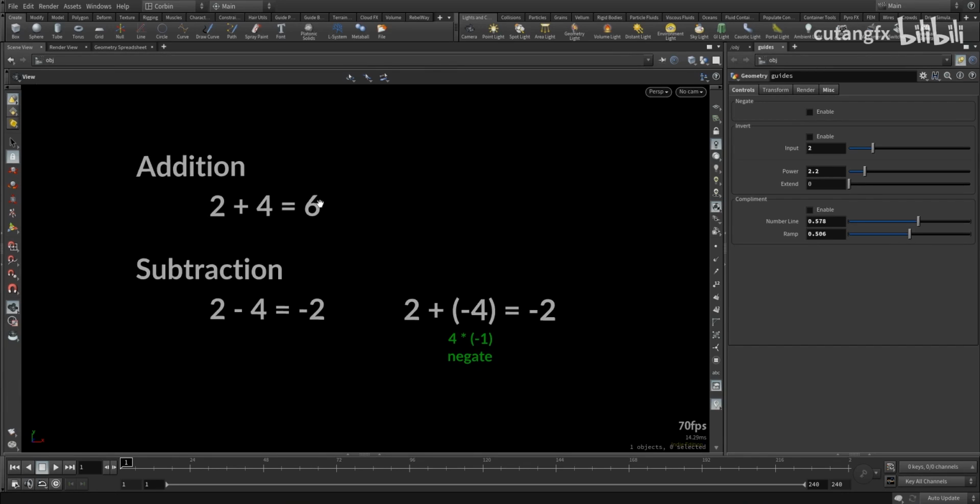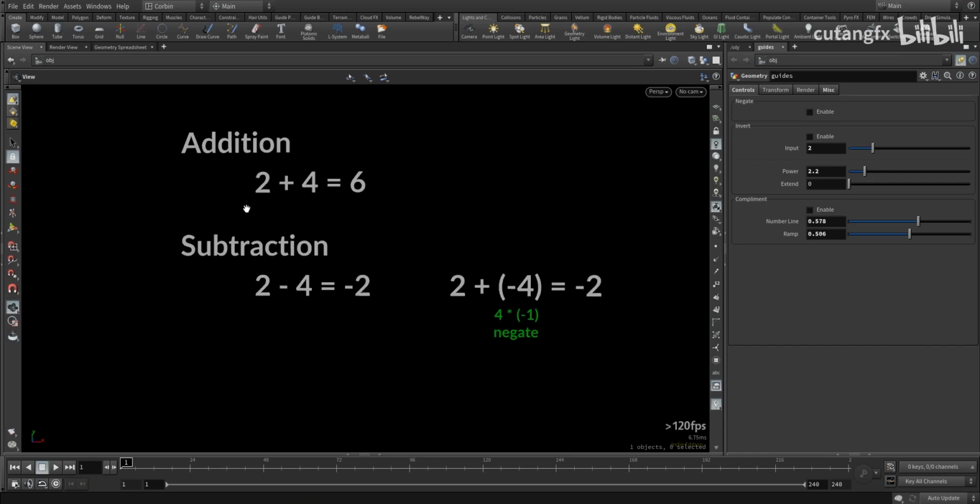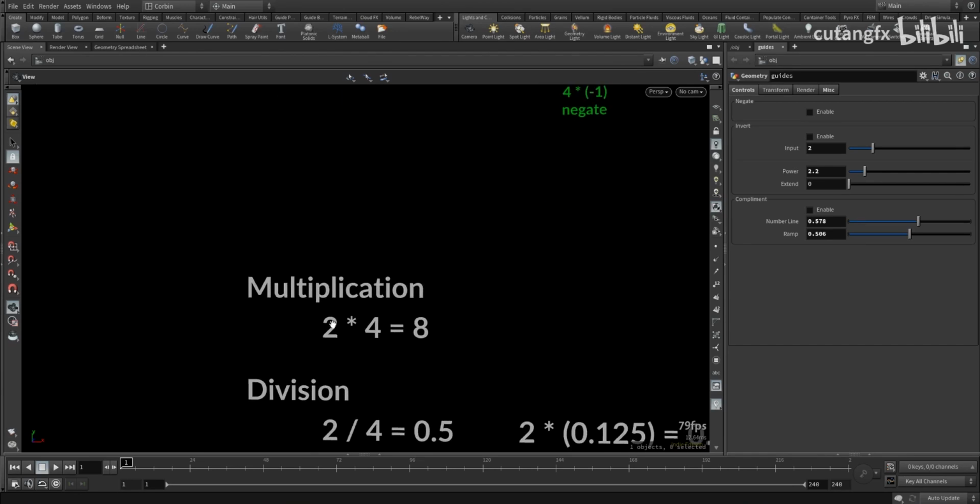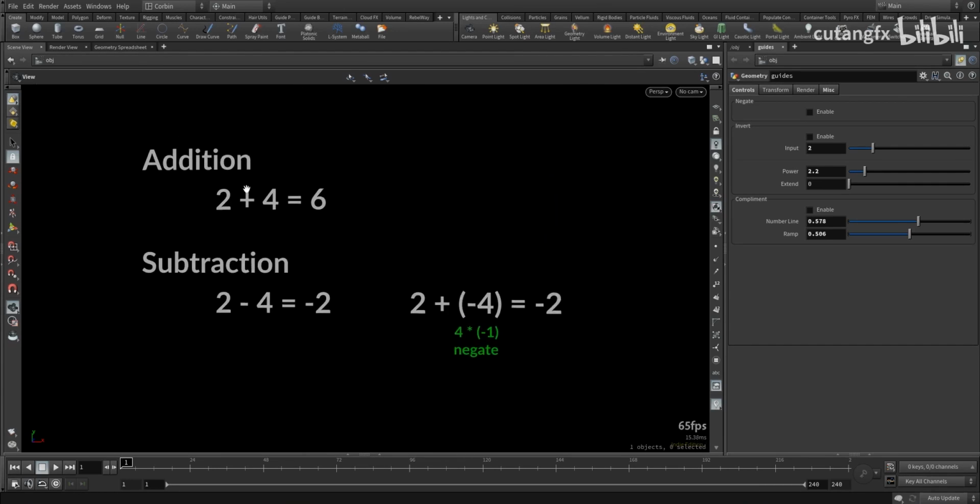But one of the things that's often overlooked is actually the relationship between these pairings. So addition and subtraction, multiplication, division, they all have a sort of ratio or relationship between one another and a way of going from one to the other.